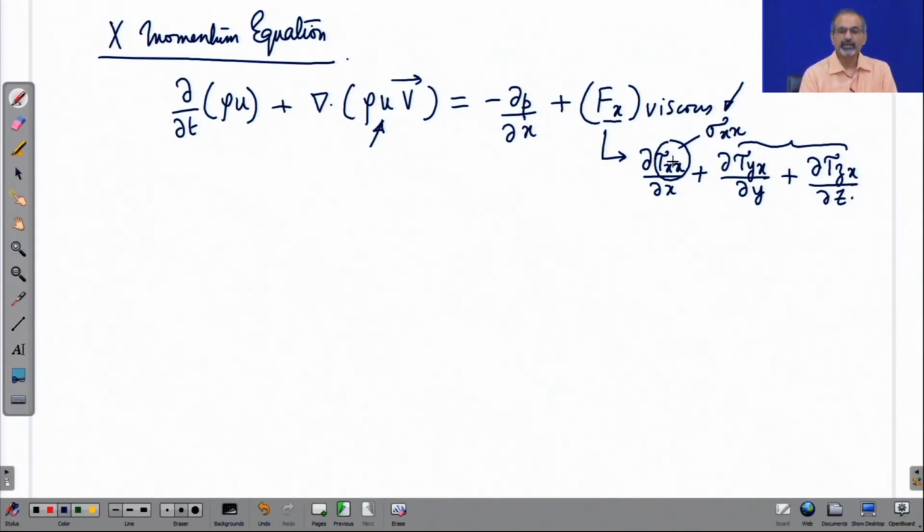Now, let us see how we can incorporate the substantial derivative in this equation. Once we learn to do it for the x momentum equation, we can similarly do it for the other components of the momentum equation. First things first, we expand this time derivative term.